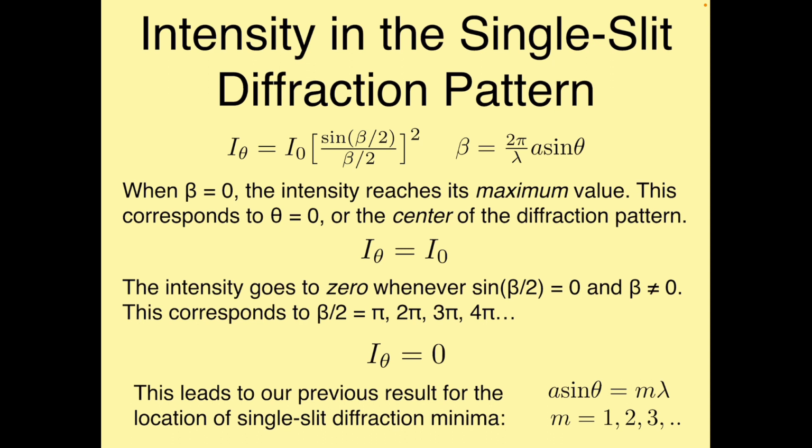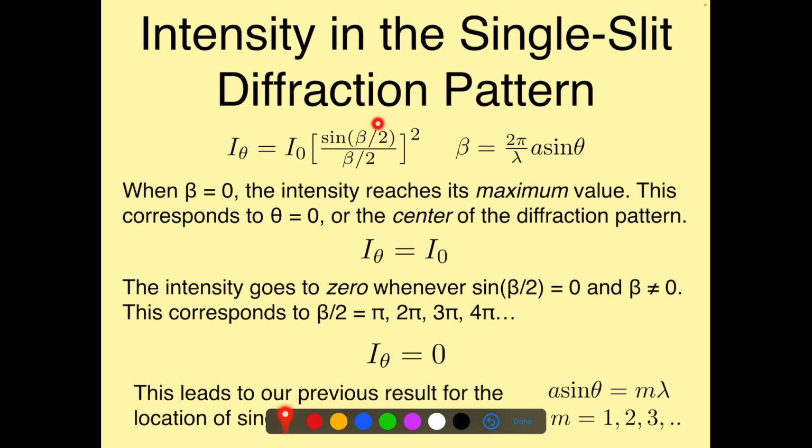Okay, so I want us to take a closer look at the equations we've derived and consider some special cases. First, what happens when beta is equal to 0? Well, if beta is equal to 2 pi over lambda times a sine theta, the only way for beta to equal 0 is if theta is equal to 0. So in other words, we're talking about the very center of the diffraction pattern. Well, this is a little tricky because we have sine of 0.